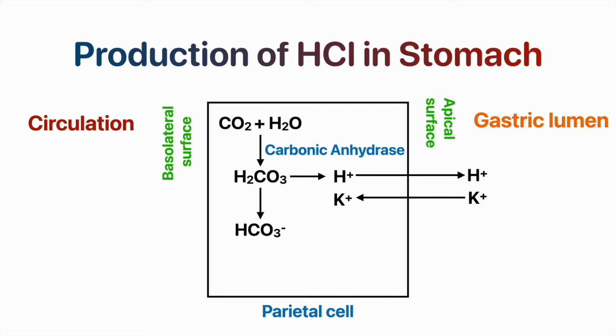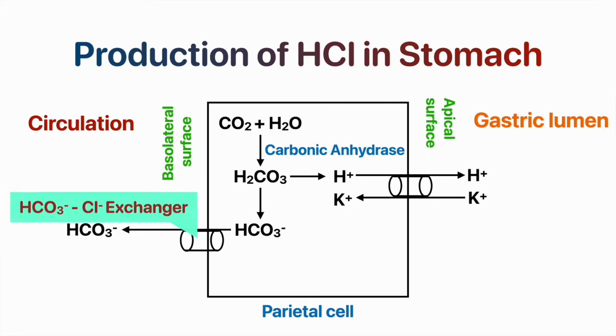This exchange occurs by the H+/K+ ATPase pumps, which are present on the apical surface of the cell. The bicarbonate ion that was generated by the splitting of carbonic acid comes to the bloodstream by bicarbonate chloride exchanger present on the basolateral aspect of the parietal cell.